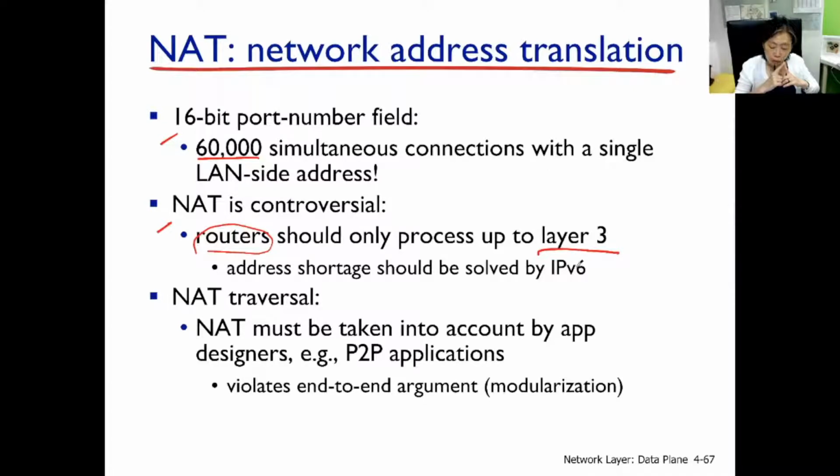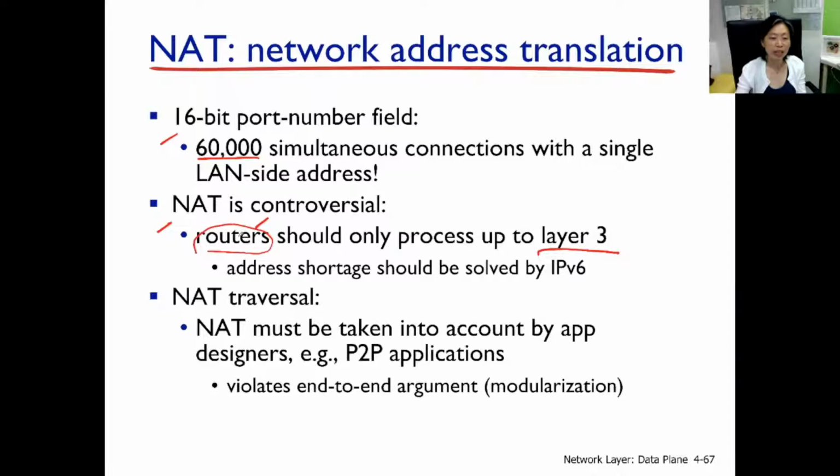But the port number, if you recall from chapter 3, the transport layer, port numbers are there to differentiate different processes running on the host. It's actually a layer 4 notion. It's in the transport layer header, the layer 4 header. So NAT as a router should not be doing that.